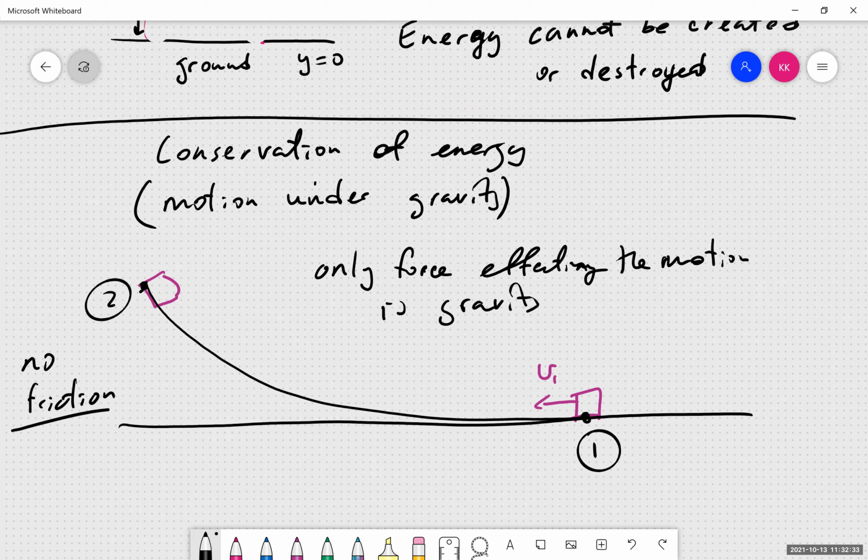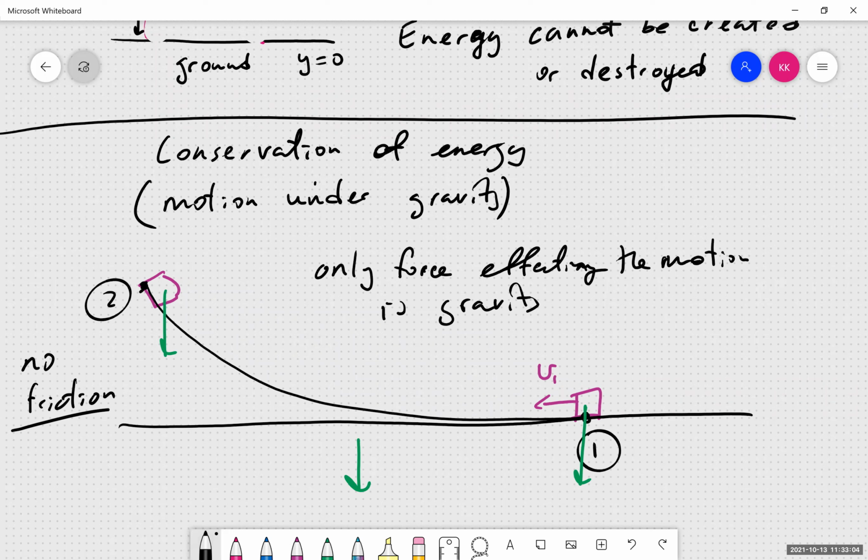If there is no friction, that means the object going from point 1 to point 2 will only be influenced by gravity. Remember, gravity is always acting in the downward direction. Here it's acting down, here it's acting down. But when it's going along the horizontal axis, gravity doesn't really affect its motion. But when changing height, going from point 1 to point 2, gravity is affecting it. And because gravity is acting in the opposite direction of motion, it will slow it down until it stops.